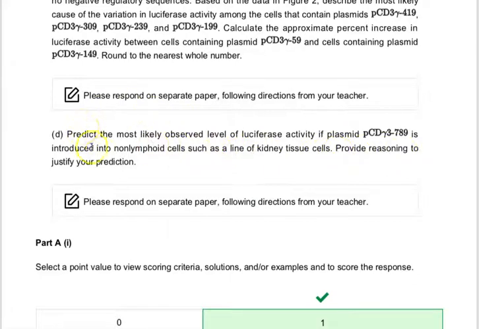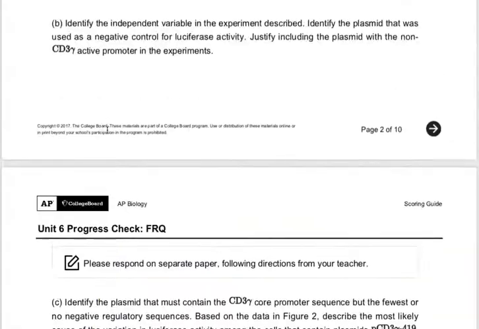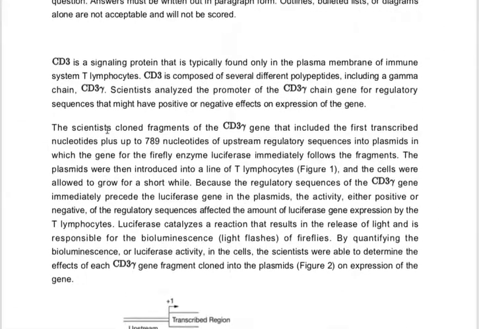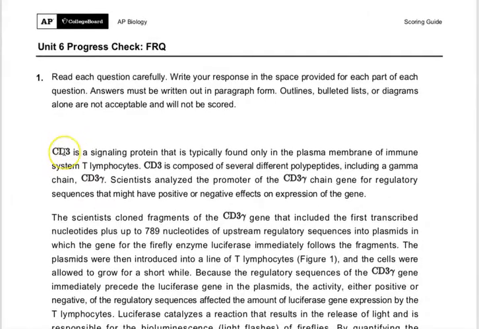So every time that they're telling you to predict something, let's go back to the text. Okay? And you're going to see that at the very beginning it says CD3, which is this regulatory sequence, is a signaling protein that is expressed by the sequence, and is typically found only in the plasma membrane of immune system T lymphocytes. Okay, so what does that mean?